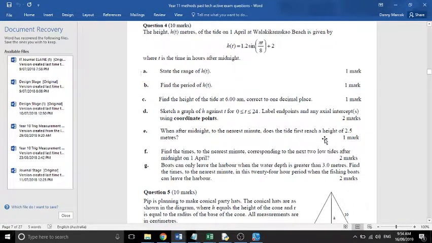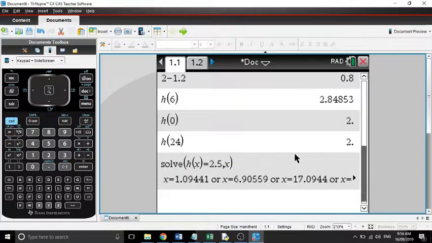So what we have to do with that one is convert this 1.09 to hours, minutes and seconds. We know it happens at 1 hour afterwards. So we look at this decimal value here and copy that.